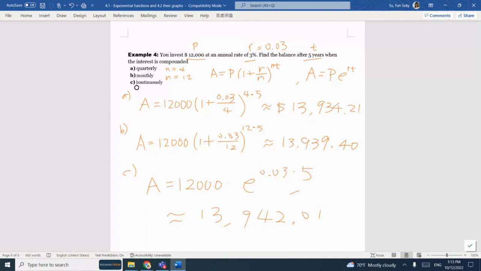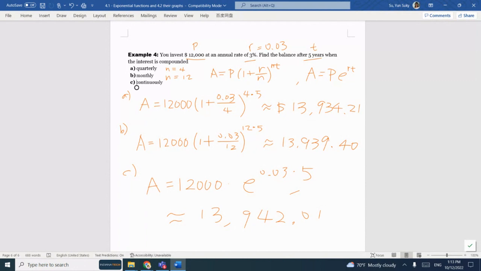So you need to buy another calculator. Make sure your calculator has the E and LN. By the way, no graphing calculator. Make sure you have a scientific calculator with the E. Yes, everybody?